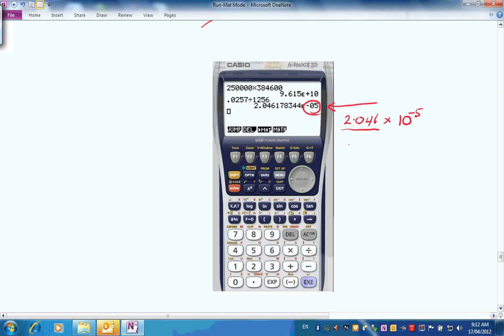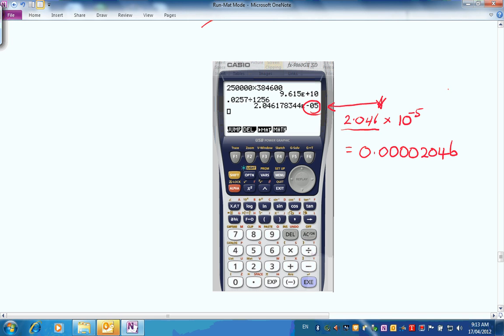That would mean shifting the decimal point 5 places to the left. So let's see what that would look like. This would be equal to 0.5 places, so it's going to be 4 more zeros, 2046. Very, very small number. Now the calculator again has used this abbreviated form up here to avoid putting all that across the display.